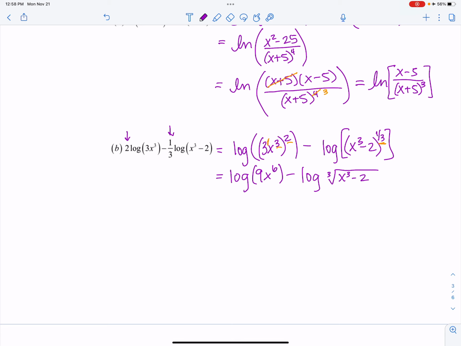Okay, so I just rewrote them using my exponent properties, and now I am going to use my quotient rule. I have 1 log minus another log, so I can rewrite those as numerator and denominator.